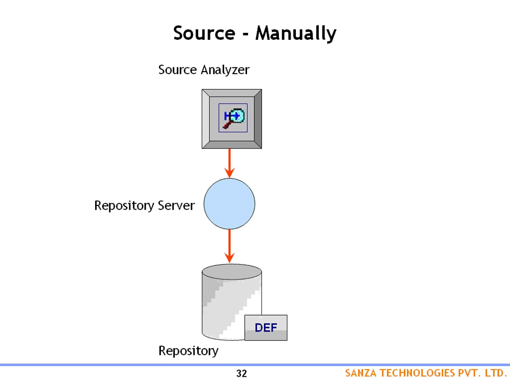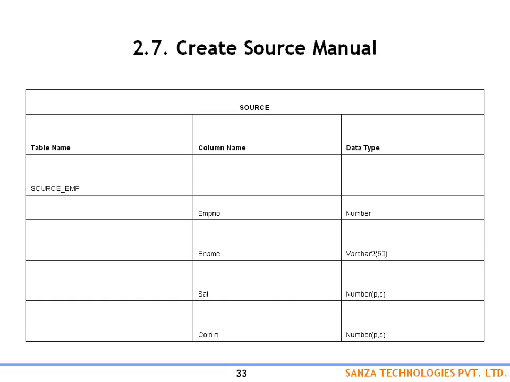But please remember, the structure of your source will be stored in the repository as a definition. The source will not contain data, only the structure. Whichever table you want to use as a source for your extraction, first we have to define the source in the analyzer. So first step, define the source as per your ETL specification document.